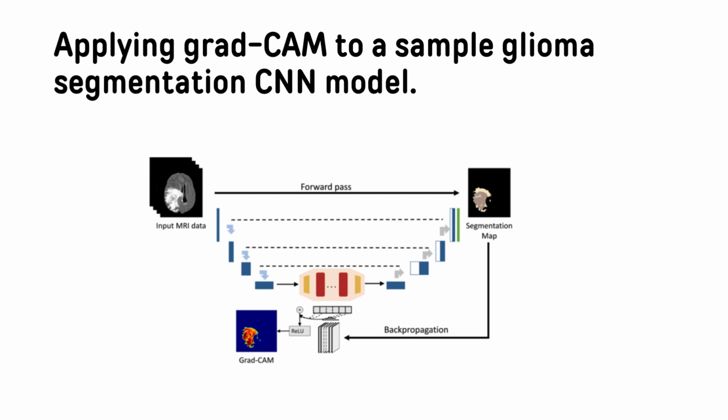All along, the input image is passed through this forward pass, and here of course it predicts and gives the segmentation result from here. And this segmentation result is compared with what was supposed to actually come out.